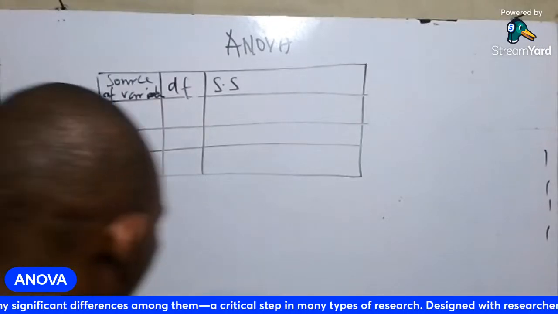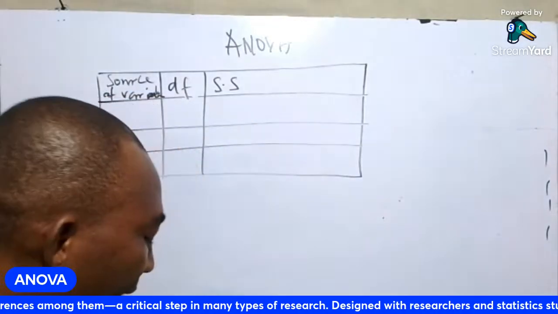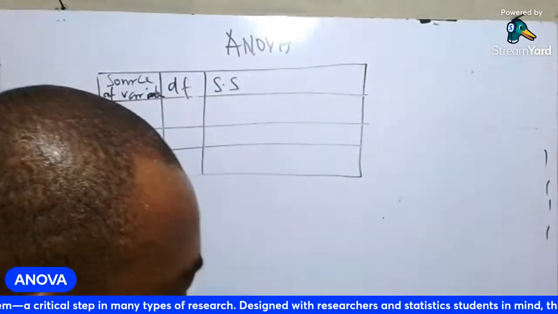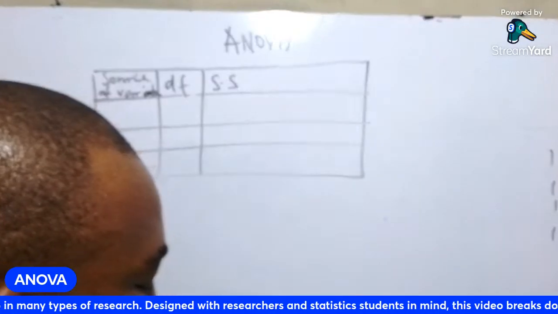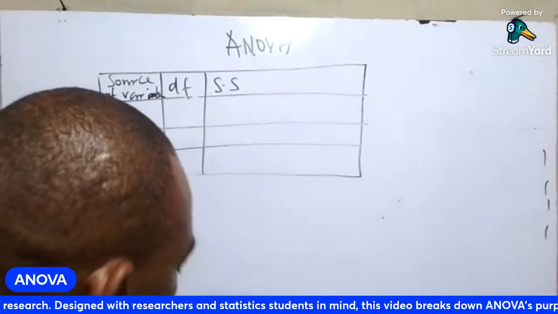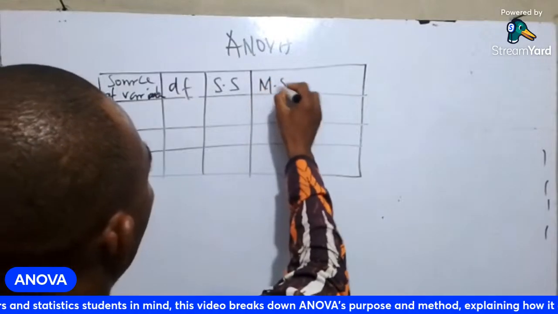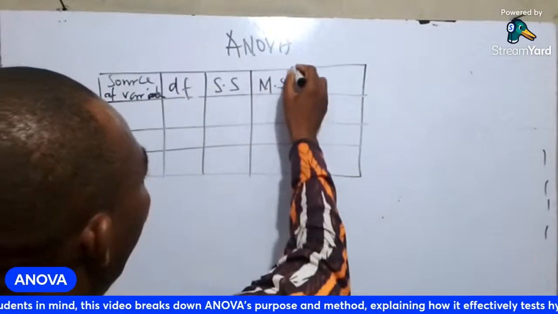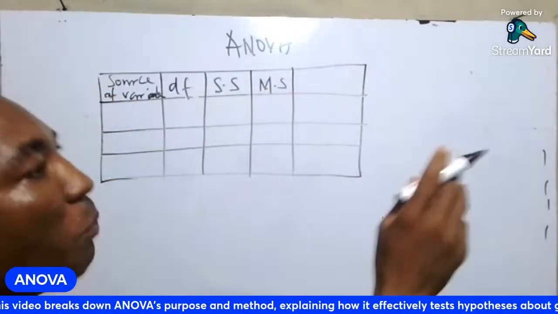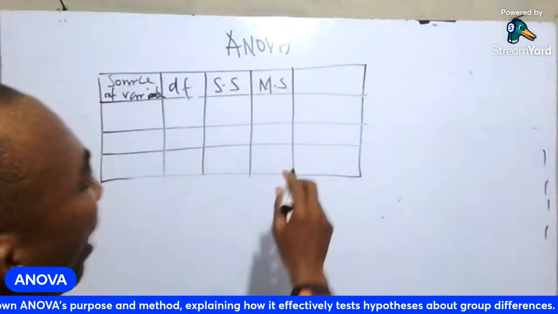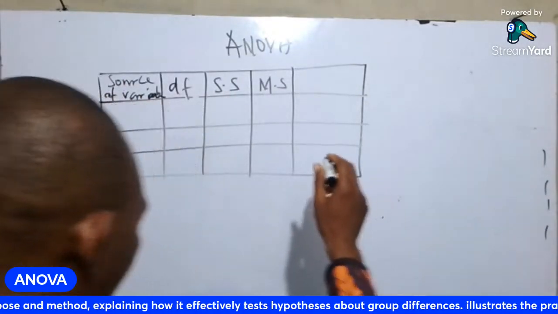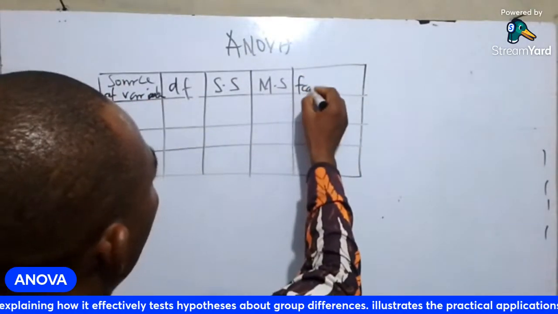What's the meaning of SS? I know many of us will normally see SS, and they always talk about SS. What's the meaning? Then you move away from there, you talk about MS. I will tell you the meaning. Then, just like the way we do it for t-test, where you get your t calculated, this time around you are getting your F calculated.